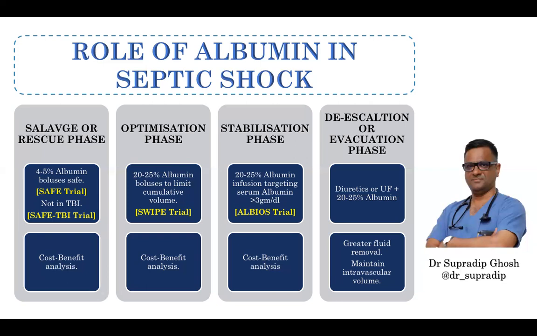In the optimization phase, where the patient is not in imminent danger to life, but perfusion is still not achieved, and we need to give some fluid based on fluid responsiveness parameters or fluid tolerance parameters, use of hyperoncotic albumin may be beneficial in limiting the cumulative fluid balance.